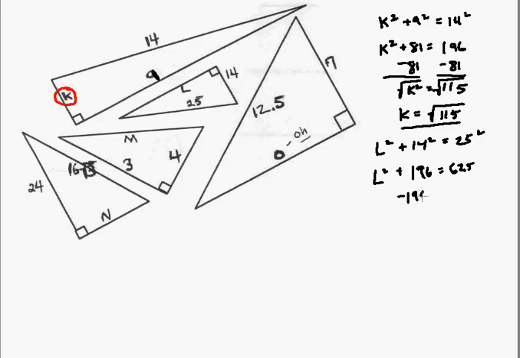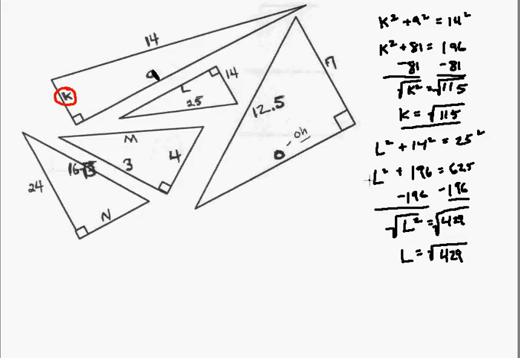If I subtract 196 from both sides of the equation, I get 429. So I have L squared is equal to 429. And again, to undo a square, you square root it. What you do to one side of the equation, you do to the other. Here we have L, and here I have the square root of 429.